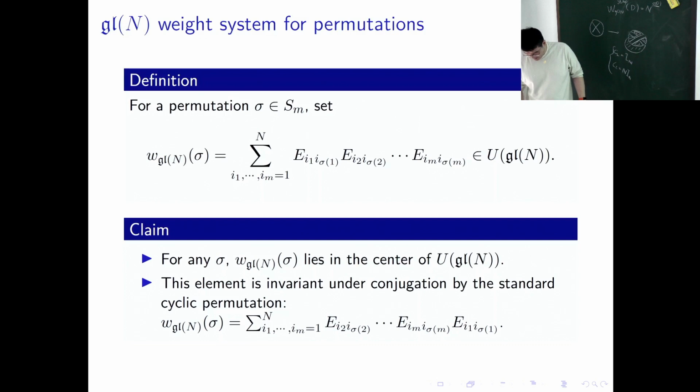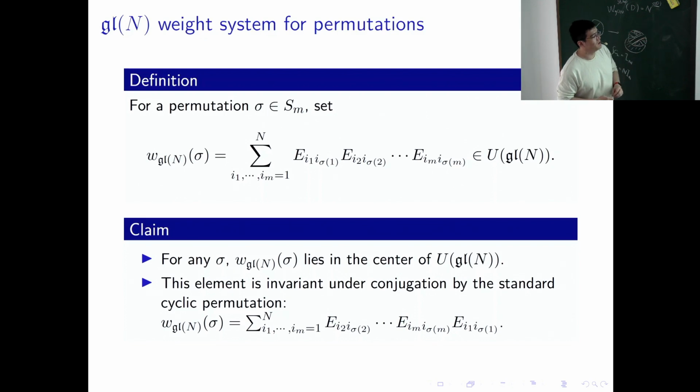So my way to calculate this GLN weight system is by generalizing it to permutations. For a permutation sigma on m elements, I define the weight system of this permutation as E_{i1 i_sigma(1)} E_{i2 i_sigma(2)} ... E_{im i_sigma(m)}.